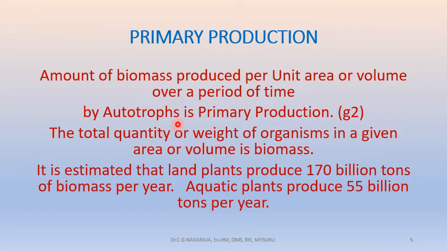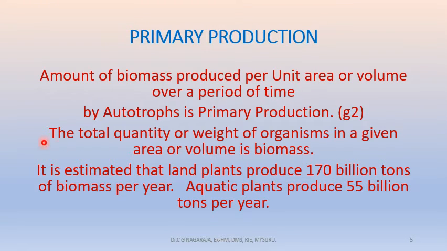If you take the entire ecosystem into consideration, only certain living beings called autotrophs are able to produce the food material, and they are called the primary producers. And the primary production that takes place over a period of time is always expressed in terms of weight in the form of grams. The total quantity or the weight of organisms in a given area or volume is biomass.